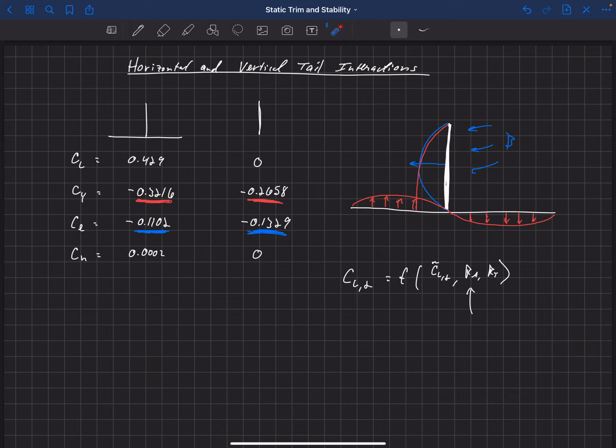They're just example solutions that can be used as a first guess if you don't have the time to plug this into a code. But you probably want to put your geometry into a numerical code of some sort in order to estimate these types of interactions that are fairly complex, so that you can also capture the changes in rolling moment and the change in lift due to these interactions.